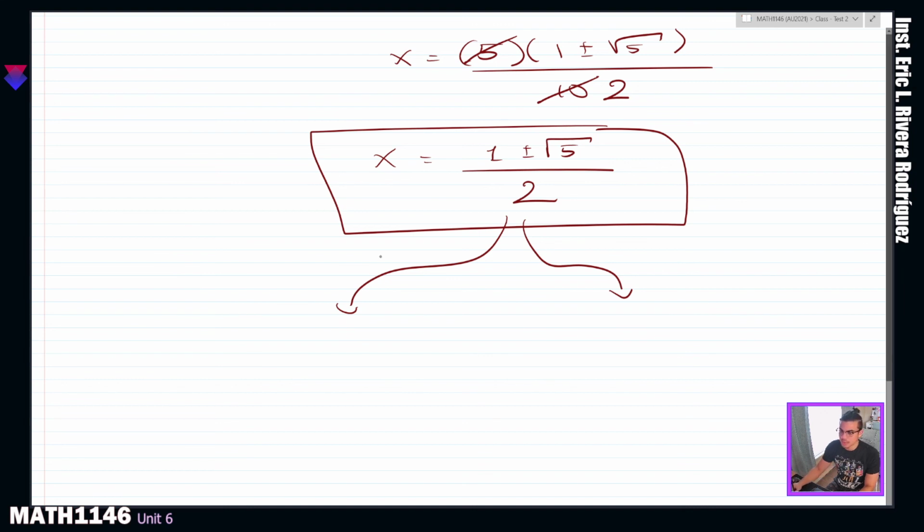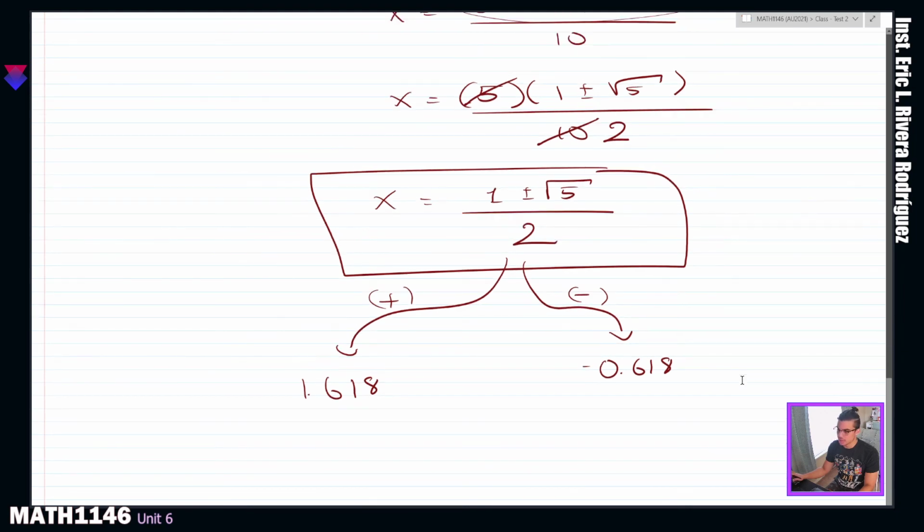When we go to the route of addition, I'm getting 1.618, and when subtracting, I'm getting the other value, and I believe those are the numbers that we saw on the graph.